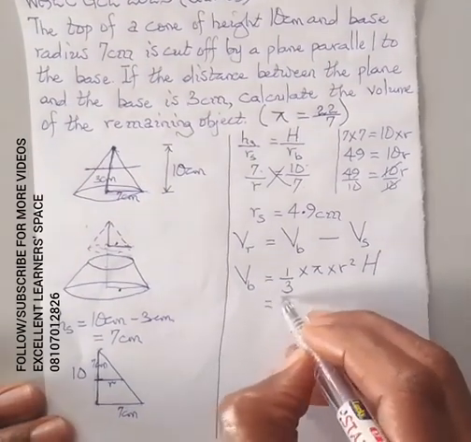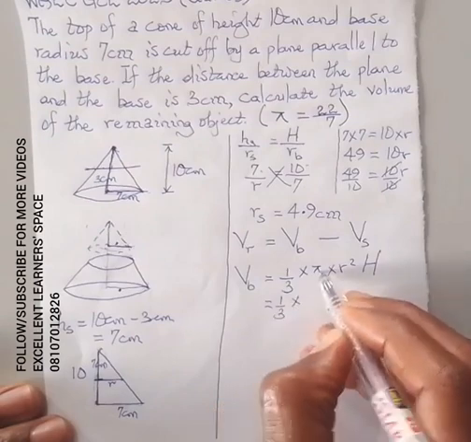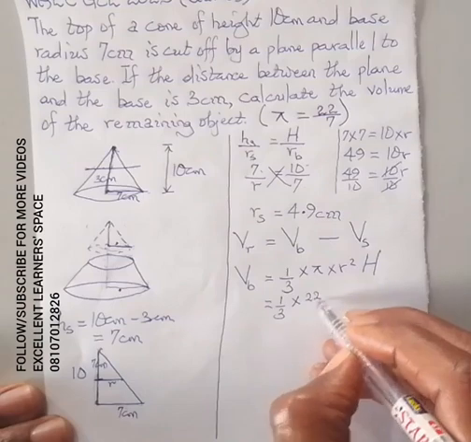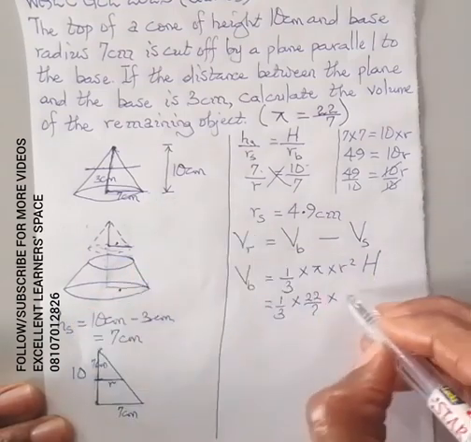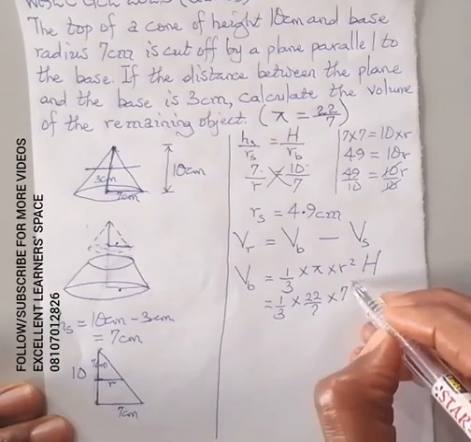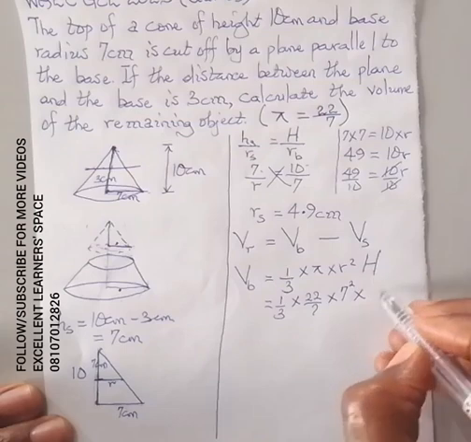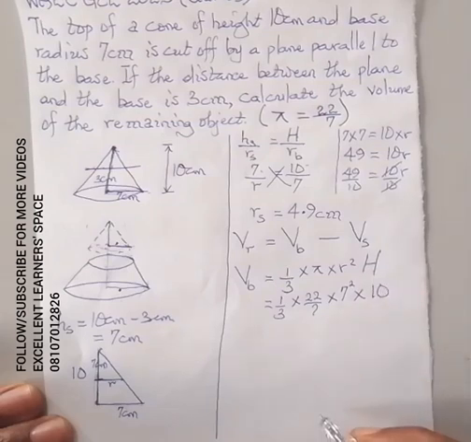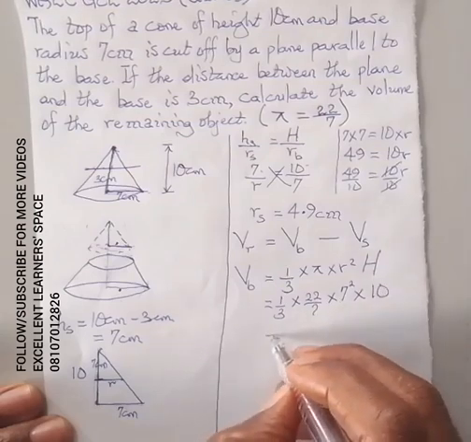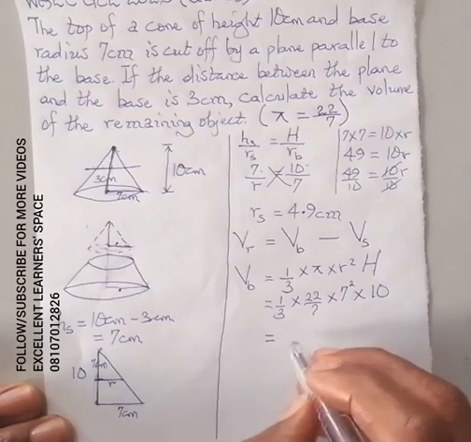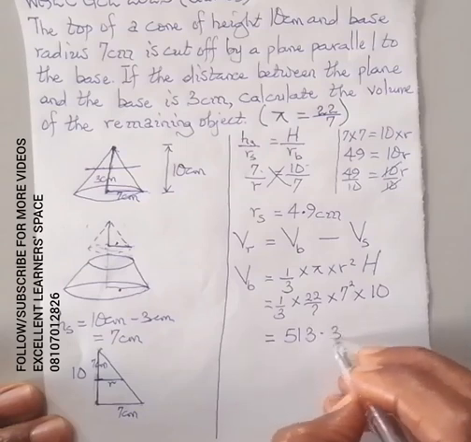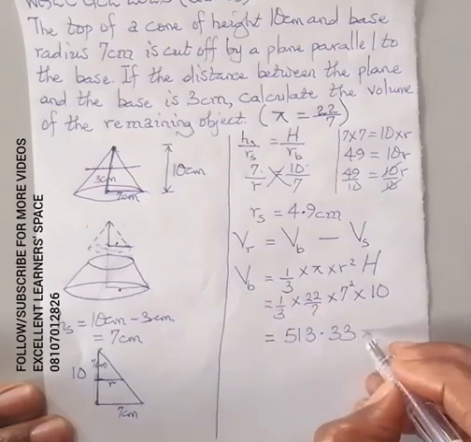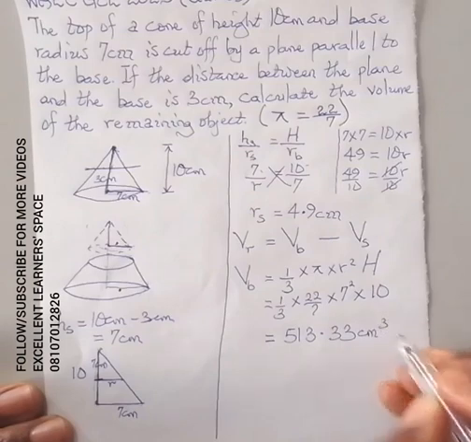This will be 1 over 3 times pi, which is 22 over 7, times r squared. Radius of the bigger cone is 7, so 7 squared times the height of the bigger cone, 10. By the time I multiply out all of this, I'll be having 513.33. Volume is in centimeter cube.